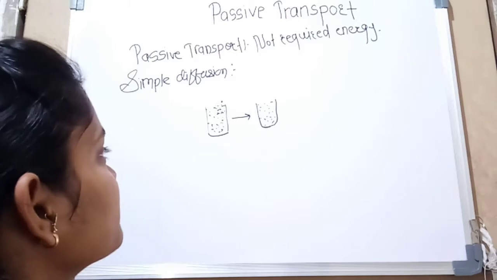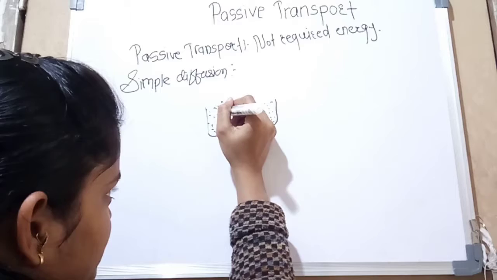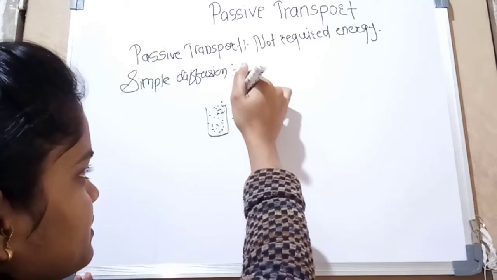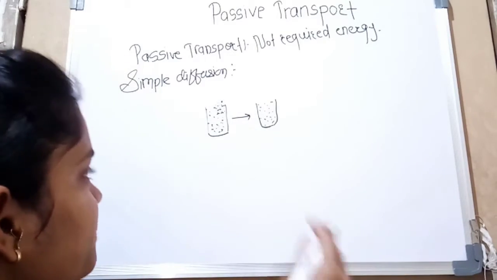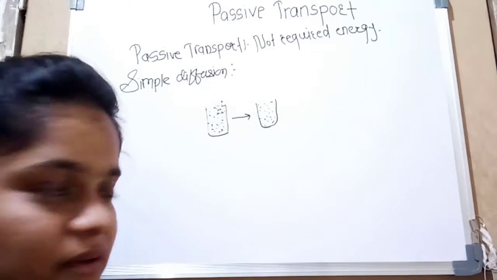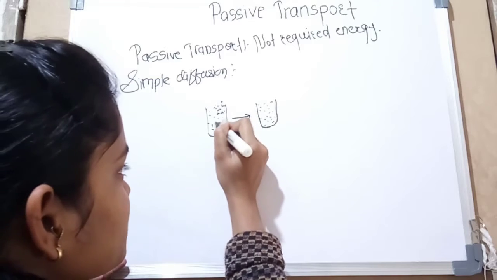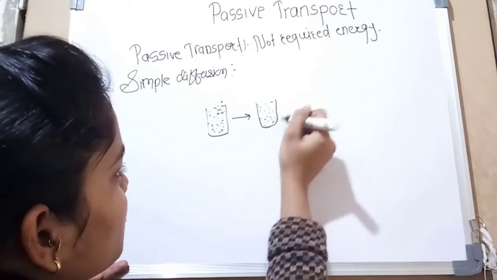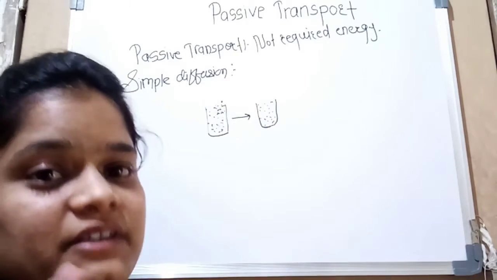In the first region where I put the drop of ink, the concentration of the blue ink is higher, so the ink migrates to where the concentration is lower, and after some time all the water becomes blue. That is called simple diffusion.